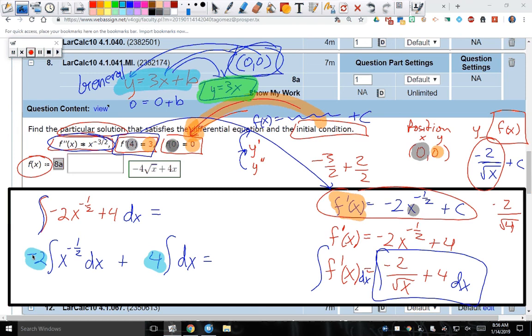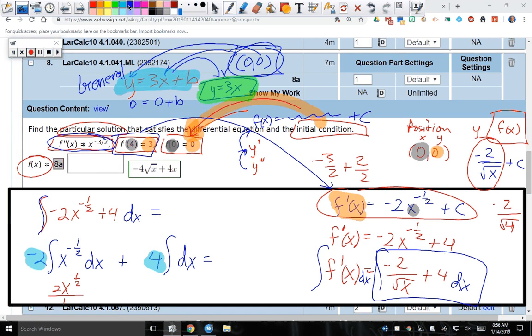Alright, x to the negative 1/2 becomes x to the what? When I add 1 to the power, what is x to the negative 1/2? X to the 1/2. Multiplied with what? Multiplied with 2 over 1, right? Okay, because you're going to divide by the new power. Reverse power rule, you're always going to divide by that new power.